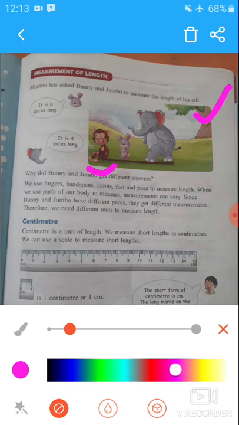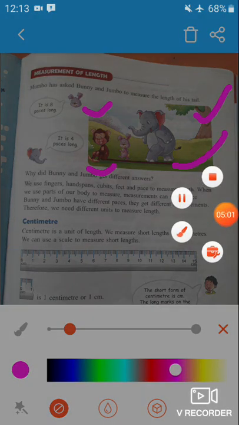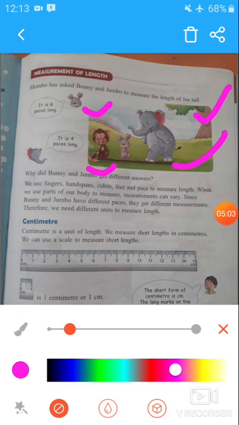When Bunny measured the length of Mumbo's tail, the measurement was 8 paces long. And when Jumbo measured Mumbo's tail, the length was 4 paces long.